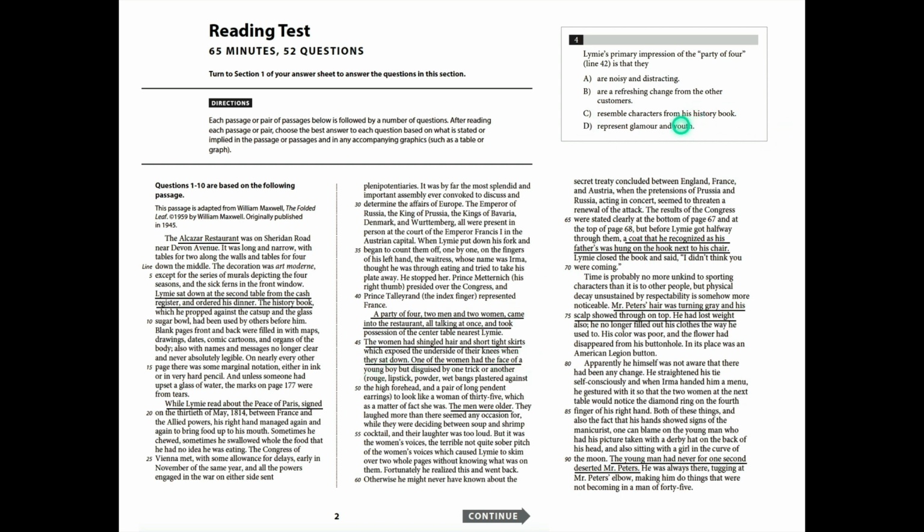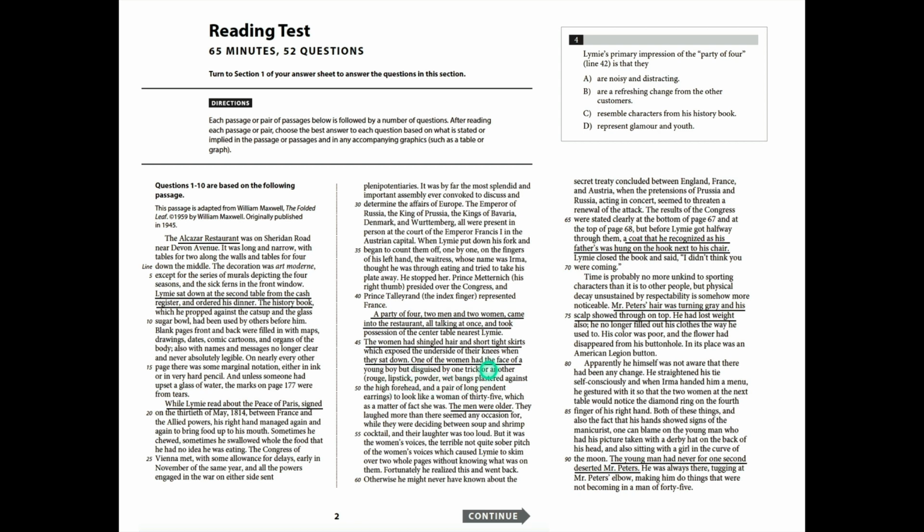So youth right here and young boy, this particular word in answer choice D is known as an eye catcher. A lot of students are going to see the word youth and, oh, I remember here, one of the women had the face of a young boy, but disguised by one trick or another.